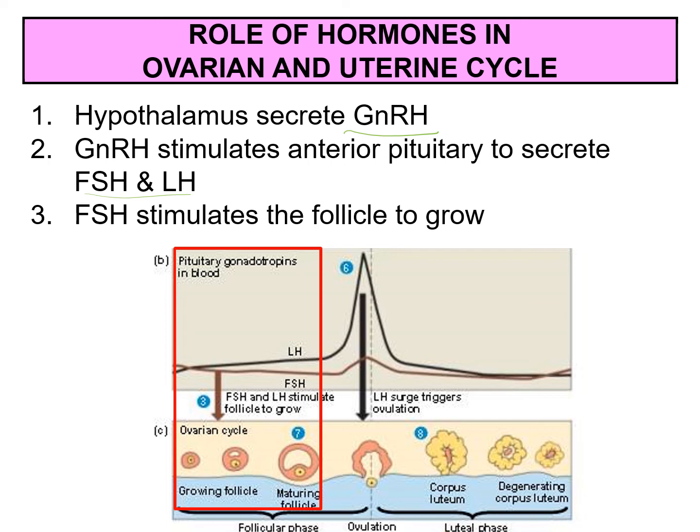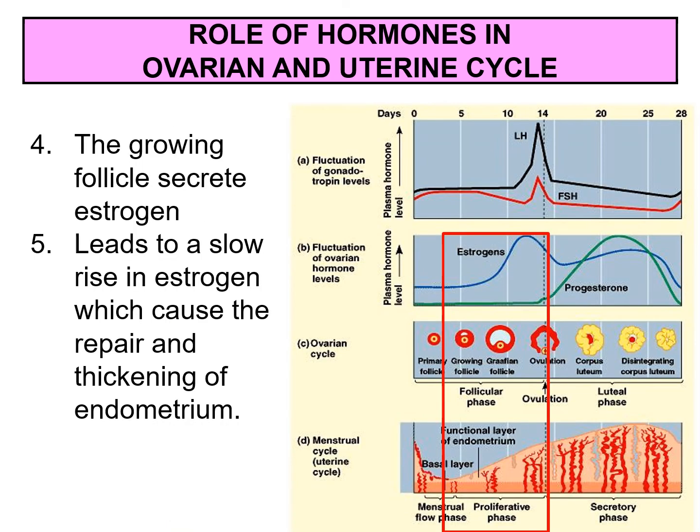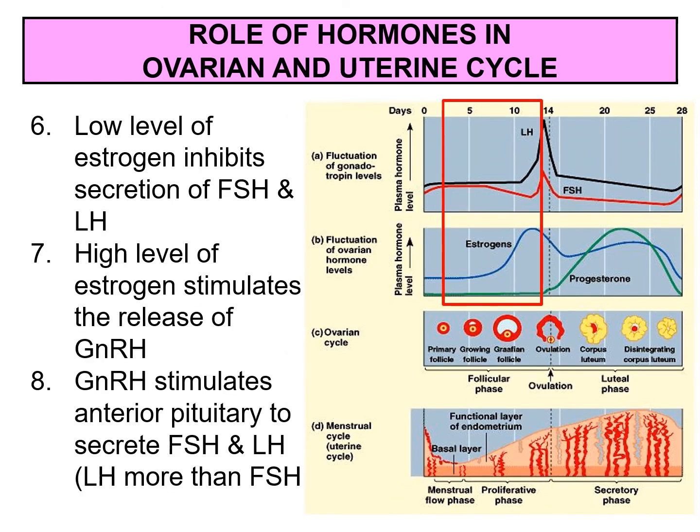So in another way, tak ada penebalan dinding uterus. The growing follicle secretes estrogen that will lead to a slow rise in estrogen. So the endometrium will get thickened and repaired.